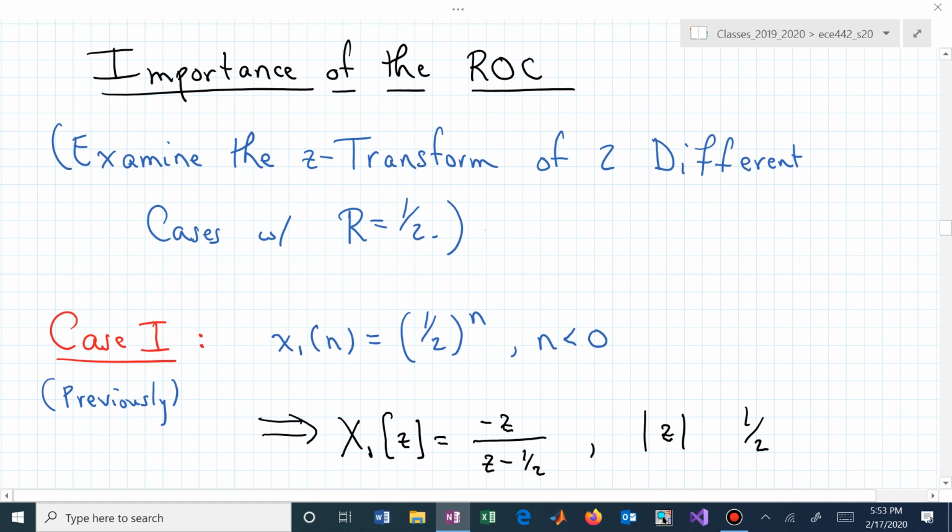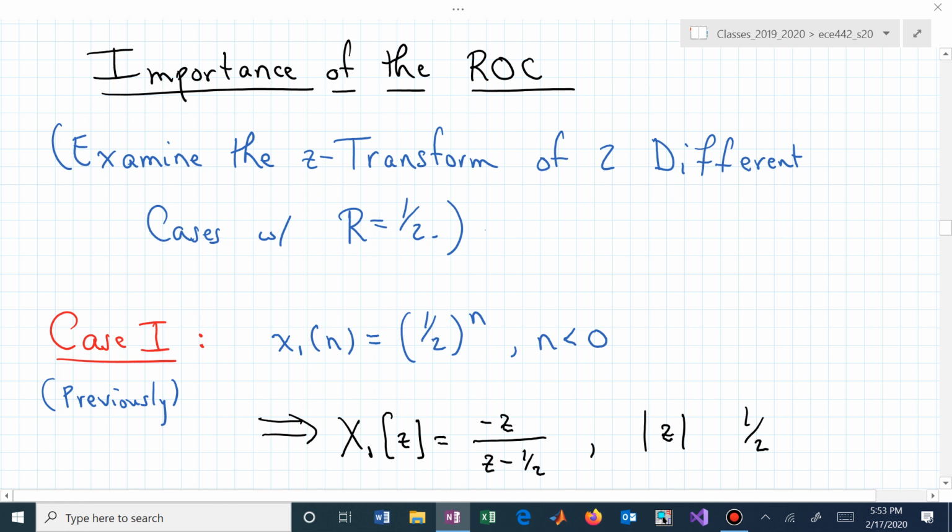Come ready to perform. Let's look at now the importance of the region of convergence. Why are we talking about the region of convergence? We need the region of convergence so that we can actually invert from a transform expression.